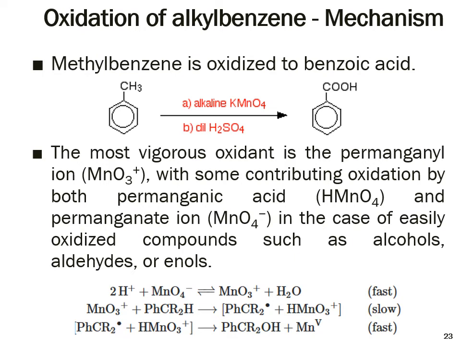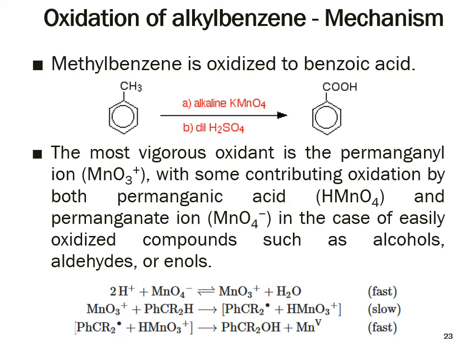So in this reaction, the most vigorous oxidant, according to that research, is the permanganyl ion, MnO3 positive, with some contributing oxidation by the other species like permanganic acid, HMnO4, and the permanganate ion, that is MnO4 negative. Such reactions can happen with alcohols, aldehydes, or enols.